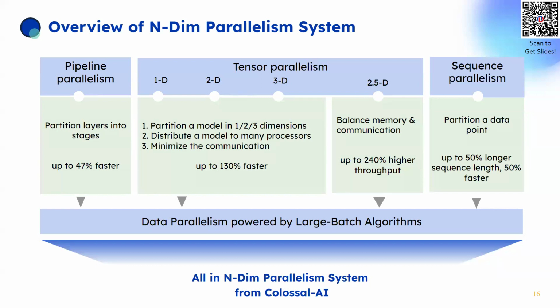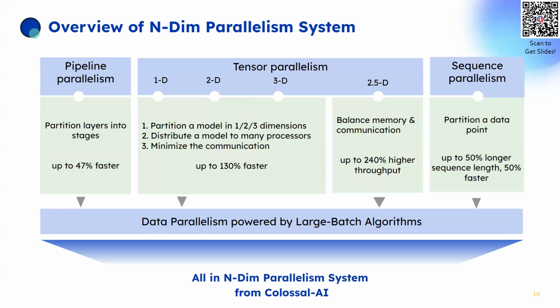ResNet has 50 layers. GPT-3, I think, has an upper bound of 100 layers, so only roughly 2 times larger.